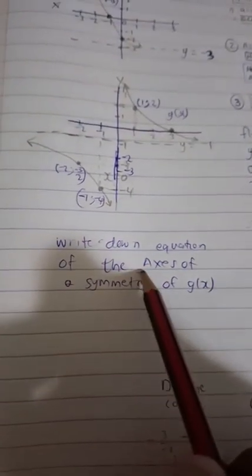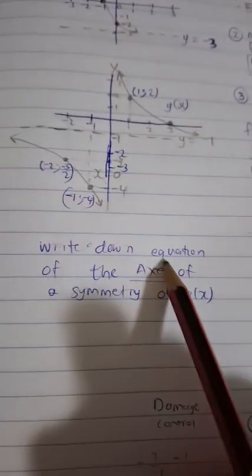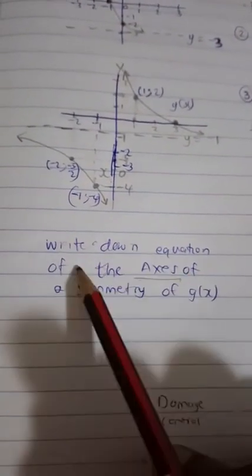That's why you see here they have the plural word axes, not axis, meaning there are multiple, not just one. Okay, so there are two of them. All right, there is a positive gradient axis of symmetry. Okay, and there's a negative gradient axis of symmetry.